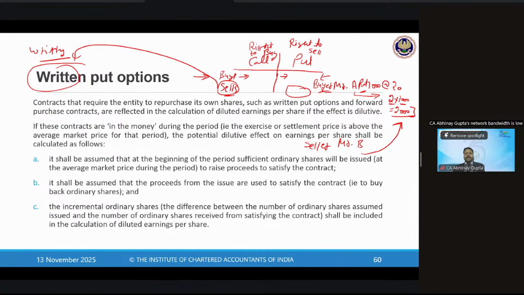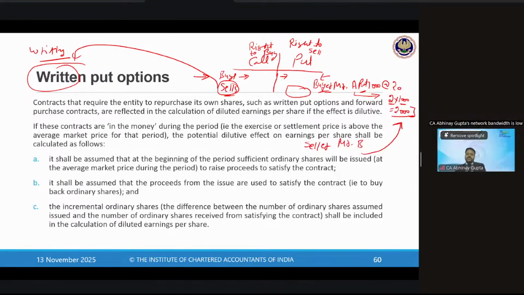Now, what's the contract? The contract is Mr. A says that I want to sell the shares of the company at rupees 20. And Mr. B said, okay, no problem. You want that right? I am ready to sell that right to you. So Mr. A has the right to sell the shares, and Mr. B has the obligation to purchase those shares from Mr. A. Because it has sold that right to Mr. A, eventually it is agreeing to buy the shares which Mr. A wants to sell at rupees 20, right?